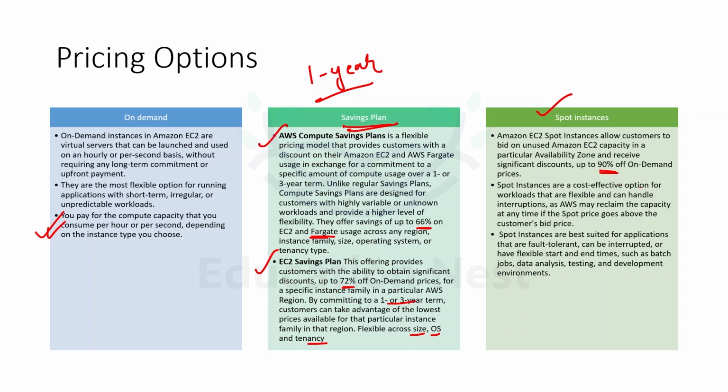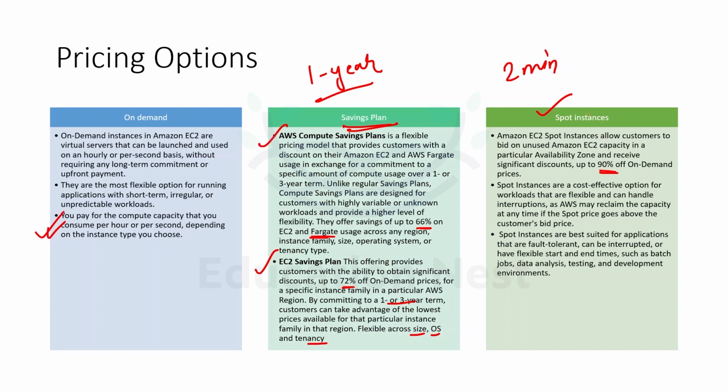This is a very cost-effective option, but the only drawback is AWS can reclaim this capacity at any time by giving us a 2-minute notice. So if your workload is fault tolerant and can be interrupted, then you can use spot instances.